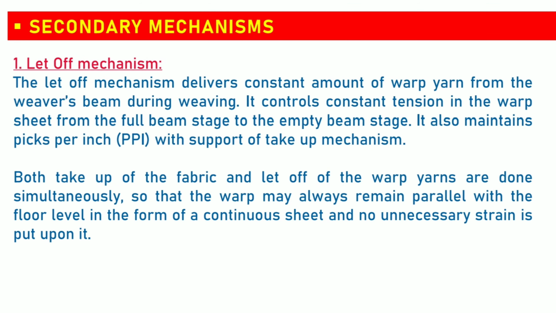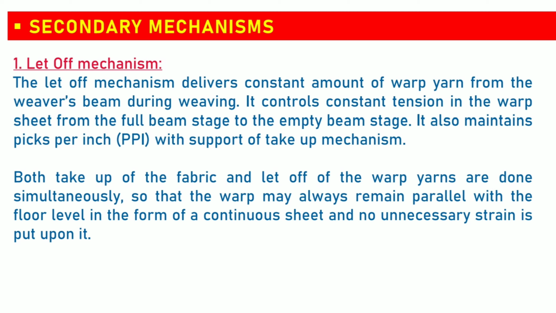In secondary mechanism, let's understand let-off mechanism. The let-off mechanism delivers constant amount of warp yarn from the weaver's beam during weaving. It controls constant tension in the warp sheet from the full beam stage to the empty beam stage. It also maintains picks per inch (PPI) with support of take-up mechanism.